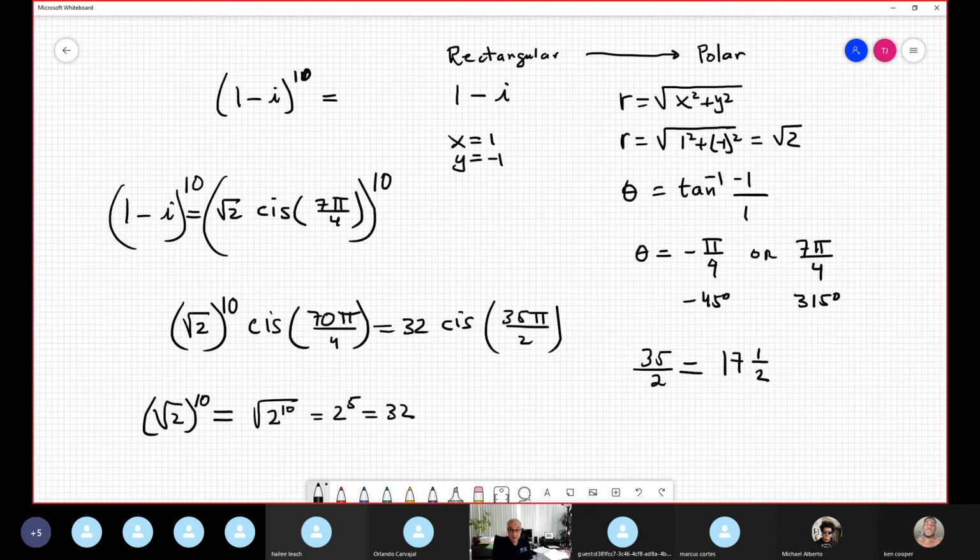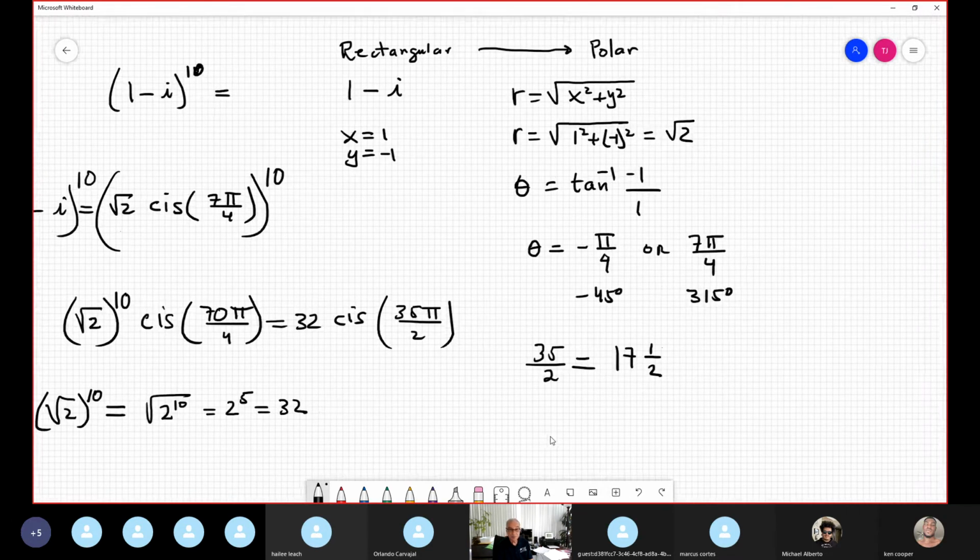Okay, another possibility is in degrees. Suppose we have 315 degrees, and you multiply by 10. It's 3,150 degrees. You divide this by 360 in order to understand how many revolutions, because it's too big an angle. Remember, 360 is 1 revolution. I put it in my calculator, 3,150 divided by 360.